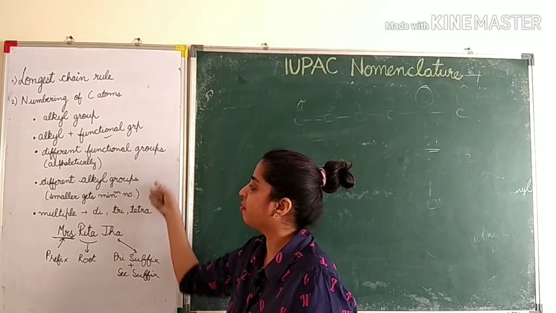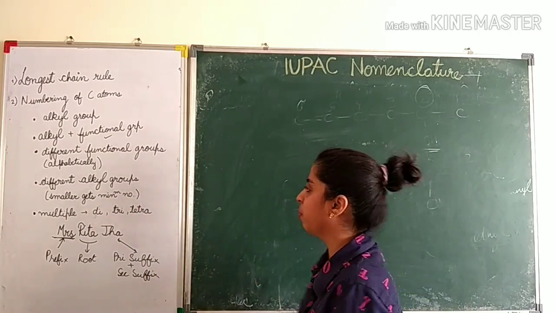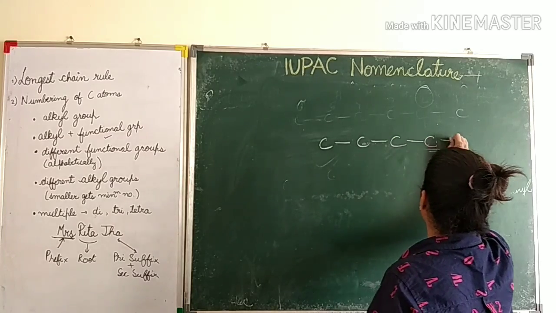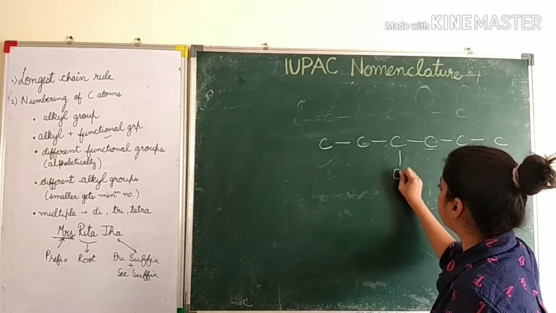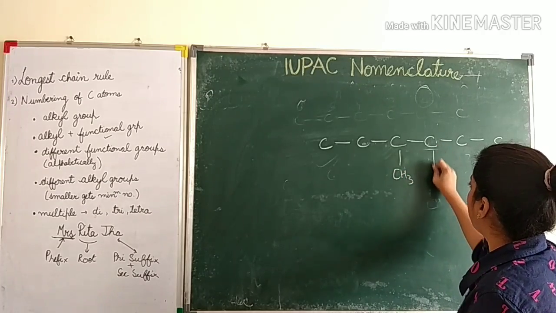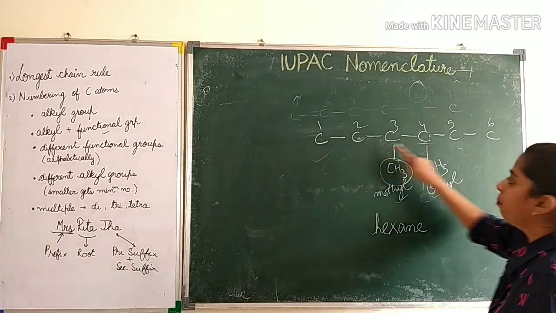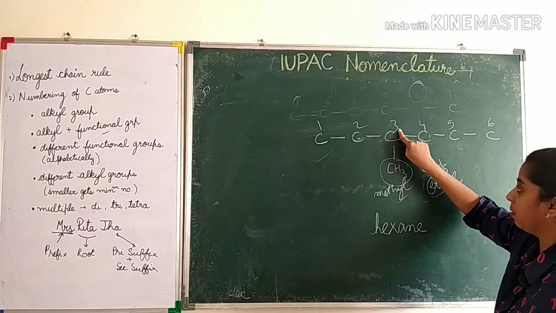Now whenever there are different alkyl groups, the smaller one gets the minimum number. For example, this is the longest chain and here there is a methyl group and here there is an ethyl group. तो हमने नंबरिंग तो इस तरह से की कि छोटे वाले को मिनिमम पॉसिबल नंबर मिले, राइट?